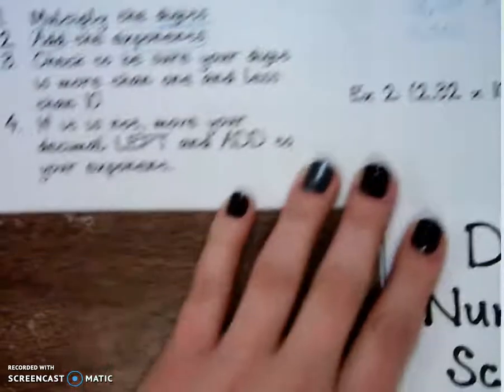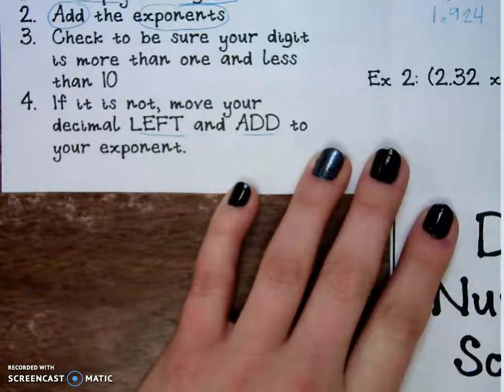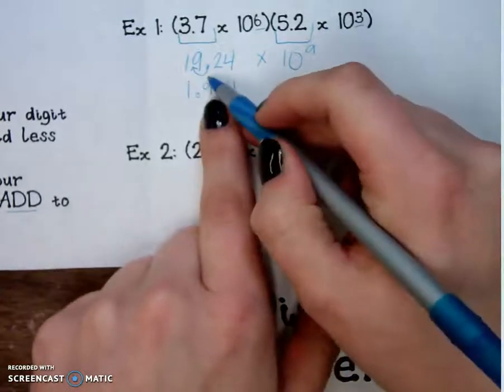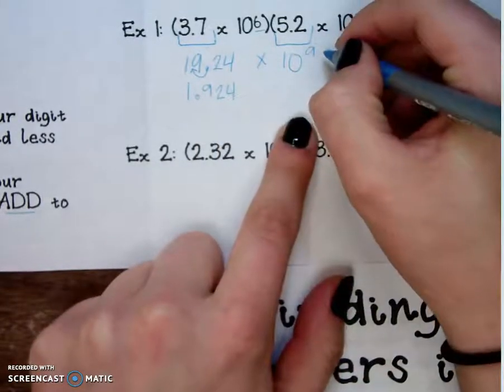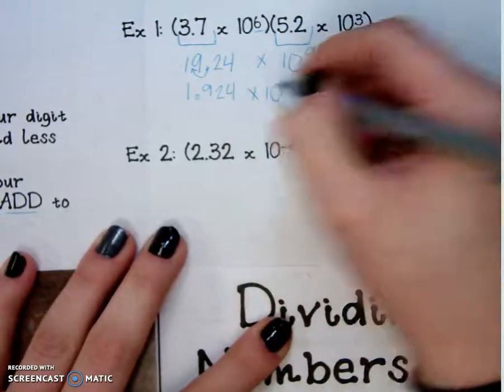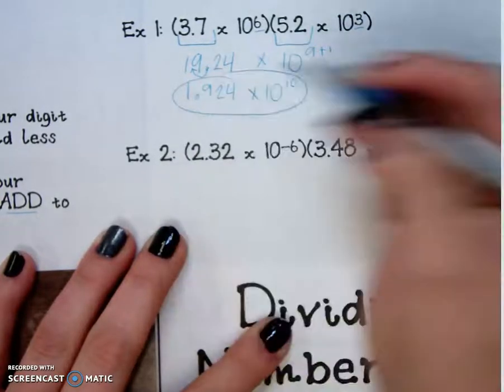And then it tells us that we're going to add however many spaces we moved to our exponent. We only moved one space, so we're only going to add 1 to our exponent. So times 10 to the 10th power. And that's your final answer.